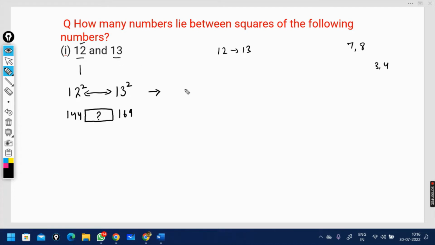So I'll simply take the smaller number, 12, and multiply it by 2. So this is 2n, if n is the smaller number, right? And how much is 12 into 2? That is 24. So this means that when you count like 145, 146, up to 168, there will be 24 numbers only. Interesting, no?